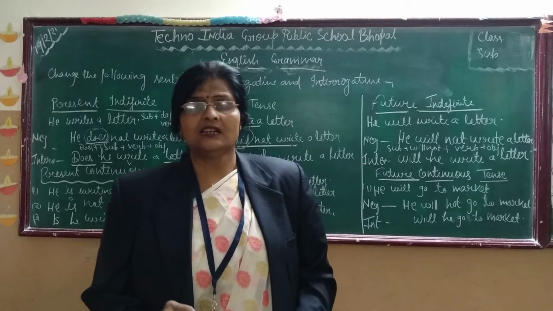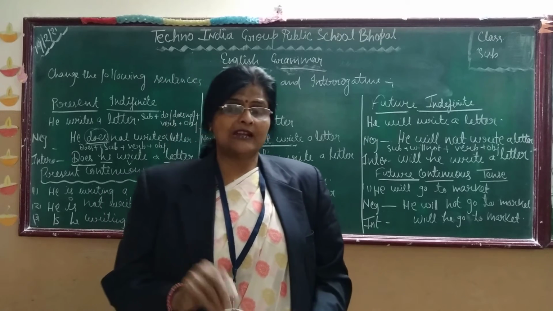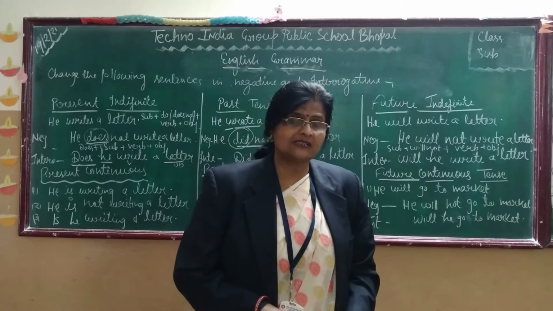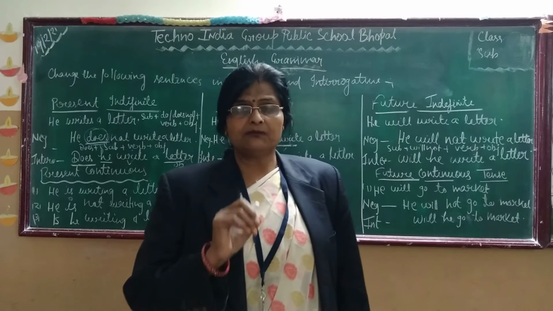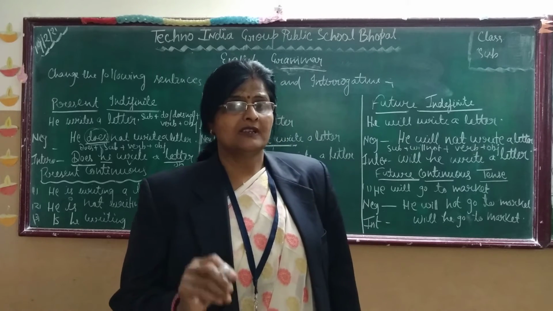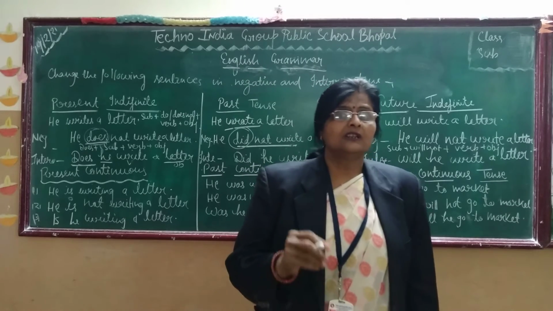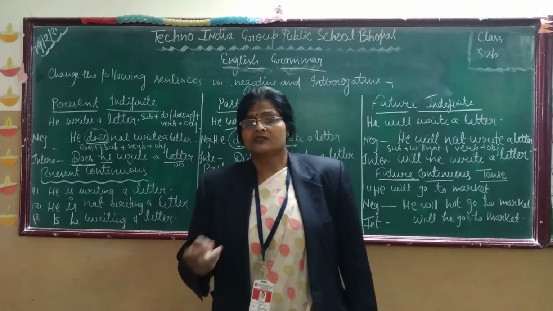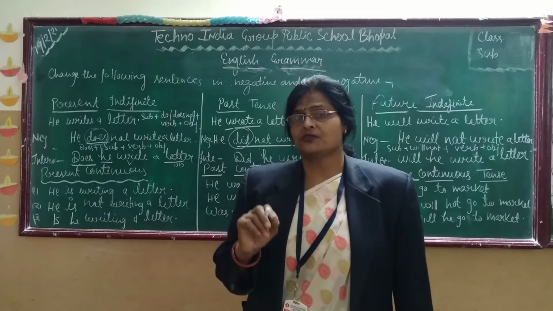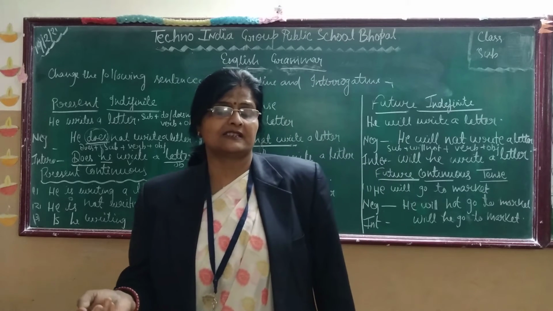All these are the helping verb. And when we use them in the negative sentences, after the helping verb, we use not. He will not, he shall not, he do not, he did not. Okay, so after the helping verb we always use not in the negative sentences.